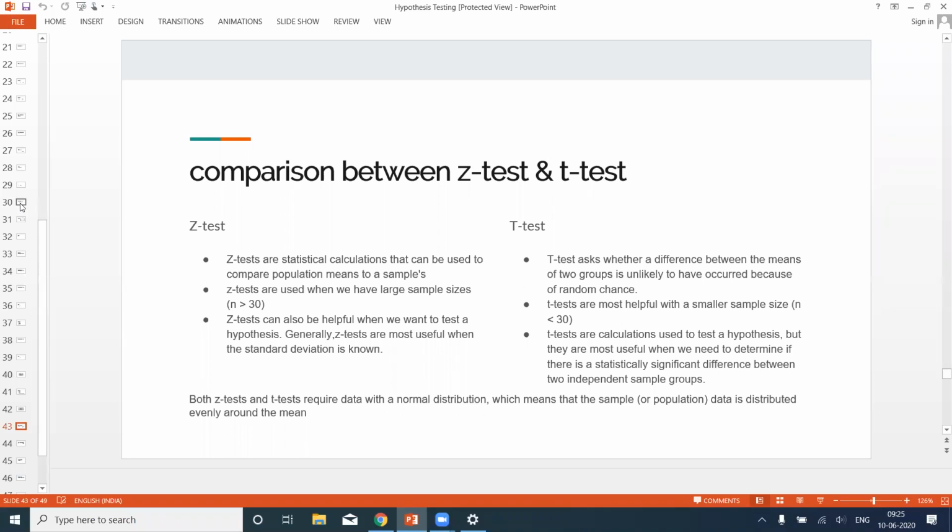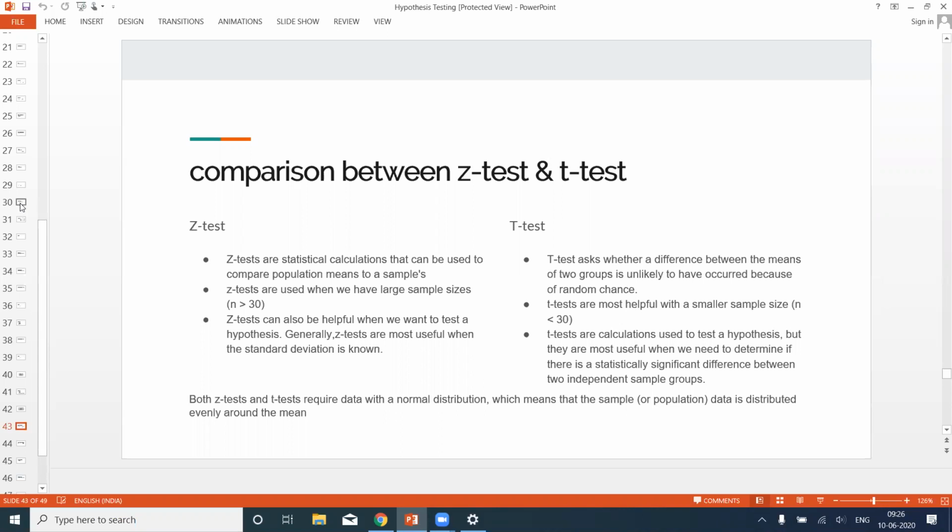Also wherever you have calculated your test statistic using the Z equal to x bar minus mu by sigma by root n formula, there we can also make use of the T test statistic, where we don't know the sigma of our population. We'll see that.